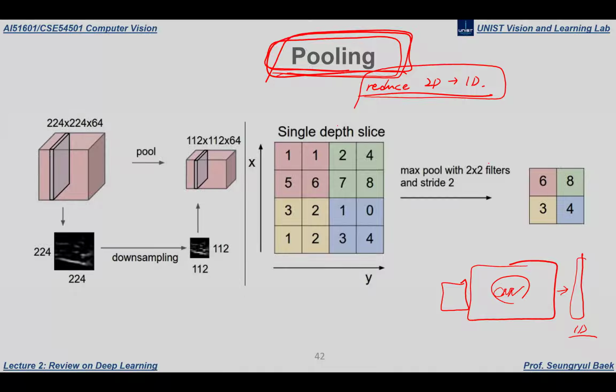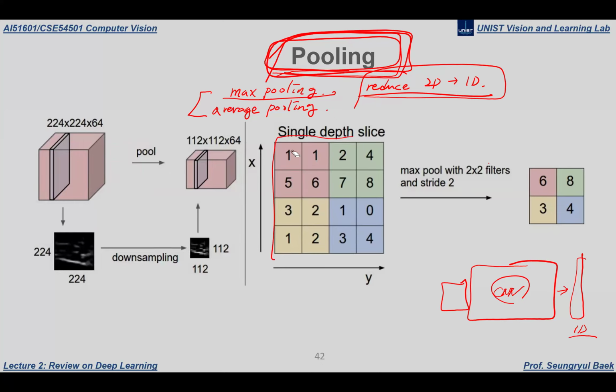And how they do that is, for example, there are multiple types of pooling, but we will see two types of pooling: max pooling and average pooling. Okay? Those two are widely used techniques for pooling. And I will explain max pooling first.